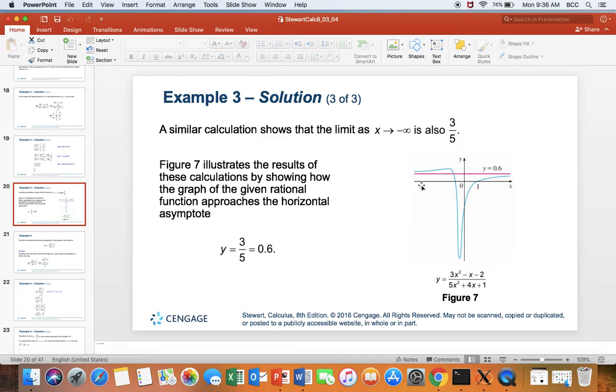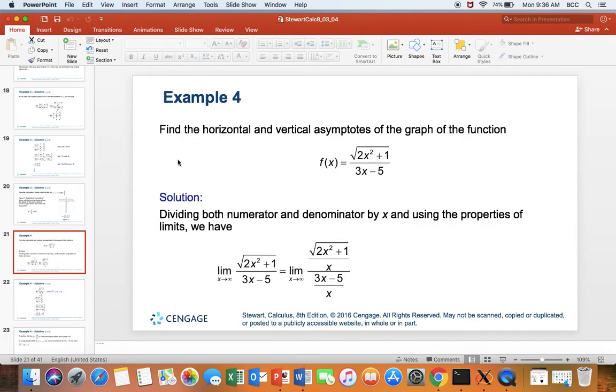Here is a graph, okay, of the same function approaching 3 over 5 from the right and from the left. Okay, so for the left you will need to do a similar calculation, the same argument, and you get the limit equals 3 over 5, which is 0.6.